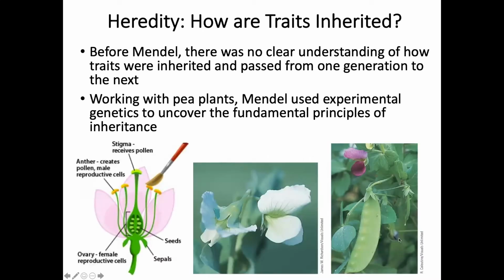In our textbook, trait means any observable property of an organism. In the past, people had always known that traits are passed down. They knew that young living things look like, but not exactly like, their parents.